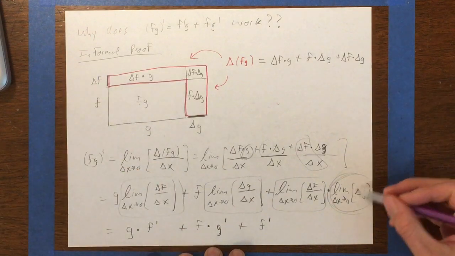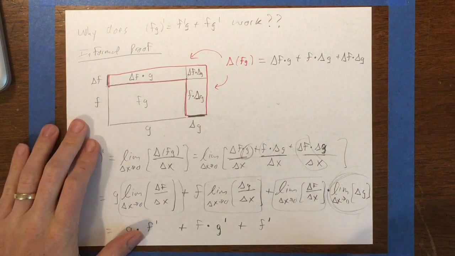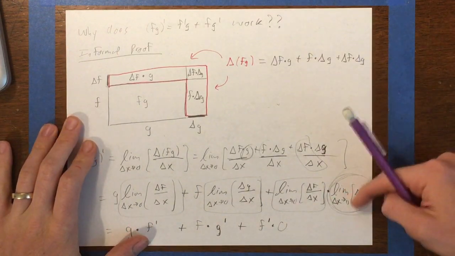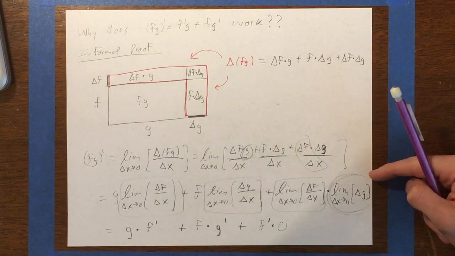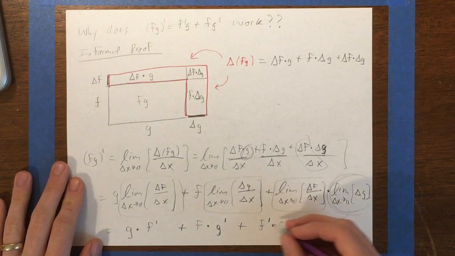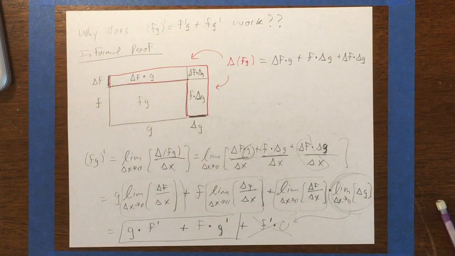In other words, this delta g is also going to be approaching 0 as delta x approaches 0. So that's times 0. And that's the part that makes this kind of informal. I'm waving my hands around that. There are some conditions under which this applies. But basically that part is becoming 0. So this term disappears, and we just have g times f prime plus f times g prime.